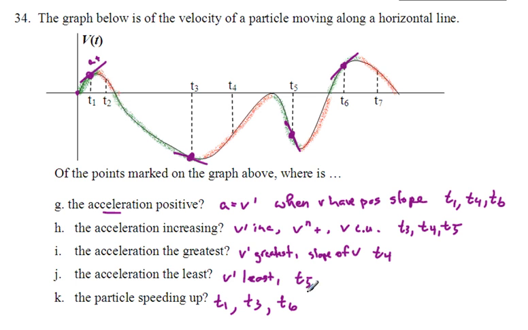So it works with our old definition of saying velocity and acceleration have the same sign. It also works by looking at the graph to saying, when am I moving away from zero? So a velocity moving away from zero is speeding up. If you're moving towards zero, you're slowing down.